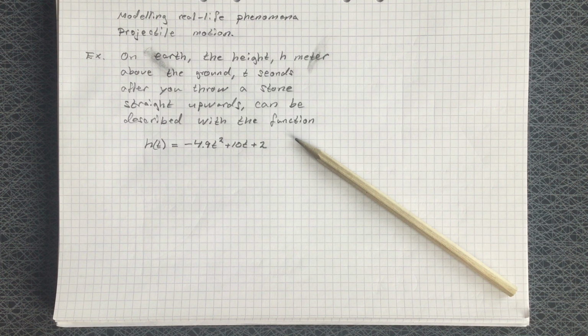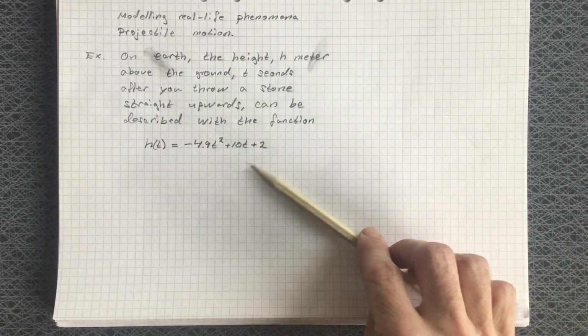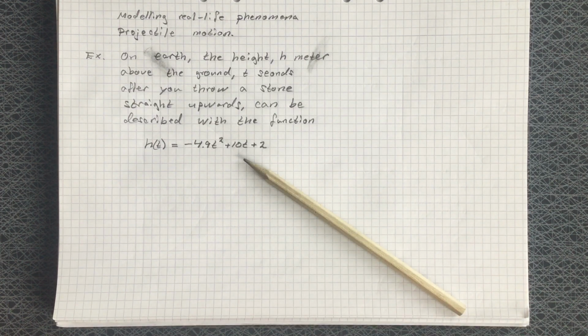So the statement before I ask you the question is this: on Earth, the height h meter above the ground, t seconds after you throw a stone straight upwards, can be described with a function, and this is the function.